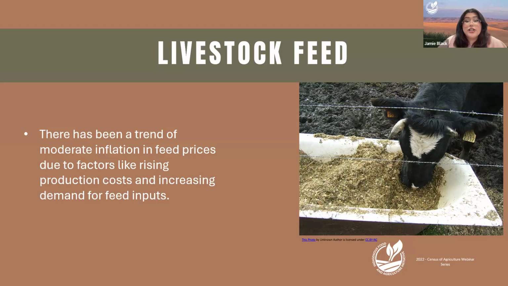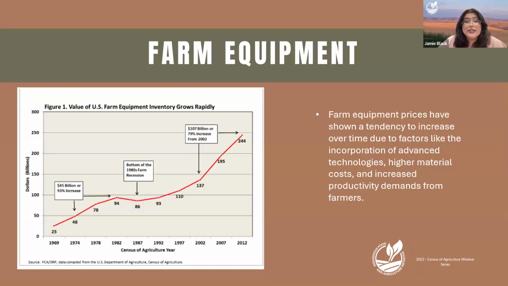And then alternatively to your livestock is your farm equipment. Again, plows, sows, and all that good jazz. So for farm equipment, inflation rates can be influenced by factors like technological advances, changes in manufacturing costs, and fluctuations in demand.